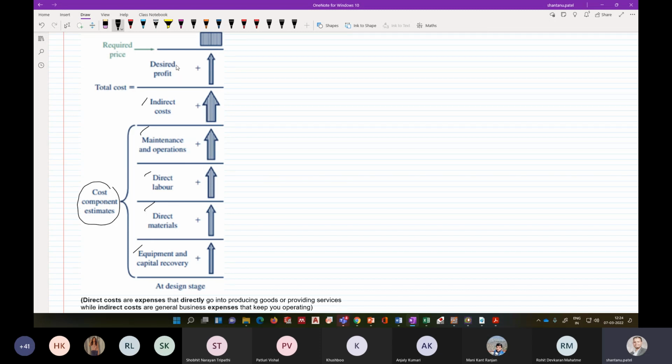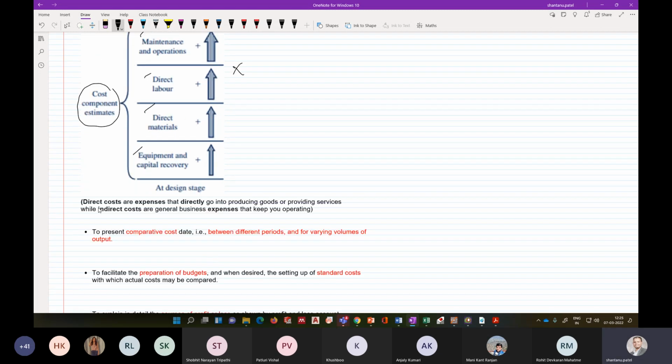If you add these up, and then you add your desired profit, so if this is X and this is Y, then the required price will be X plus Y. And per ton, if you want to calculate it, you can divide it by N.